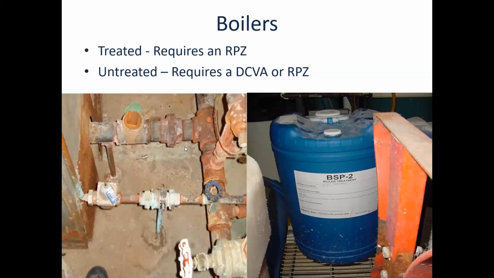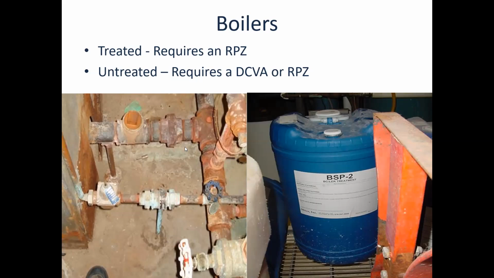In this case, on the pictures on the left was the protection that was in place. Might be a little difficult to see, but on that lower line, there's a little support rod coming up to it. We have a Watts backflow preventer. Basically, it's a vented double check valve.